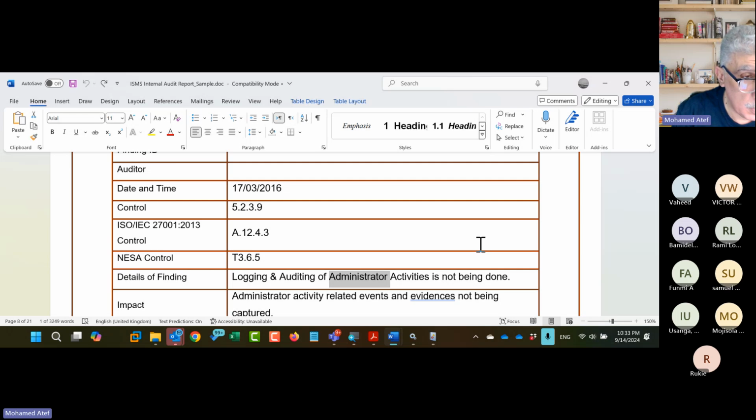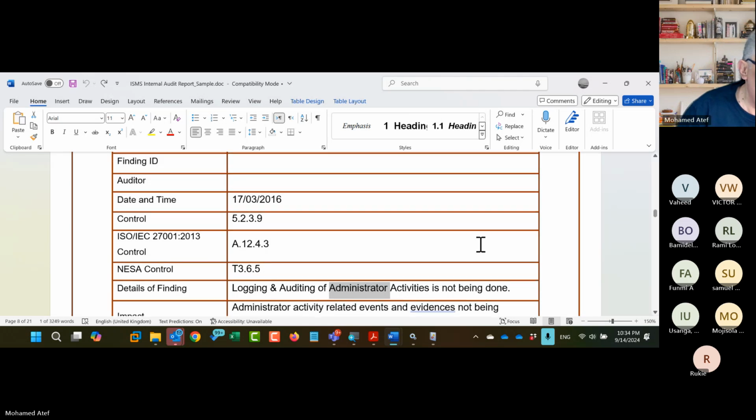I am the one who defines it. As a GRC analyst, I will say that the scope of this audit is for this specific standard. I showed you that at the beginning. You joined late? Okay, that's fine. Let me show it to you in this report.